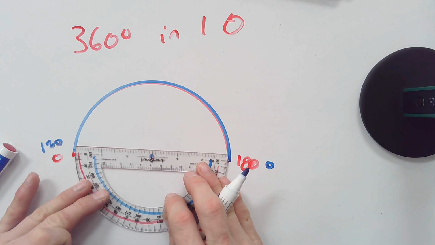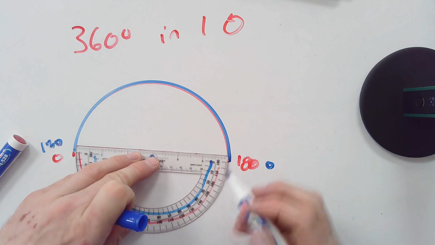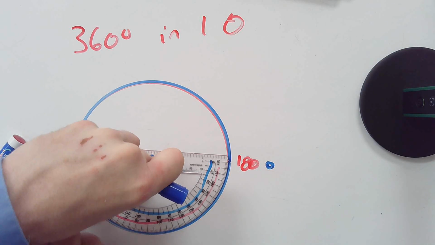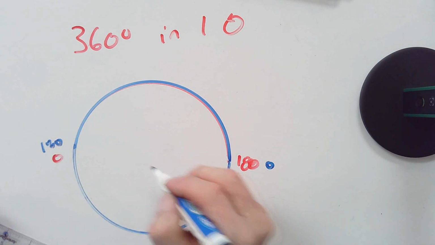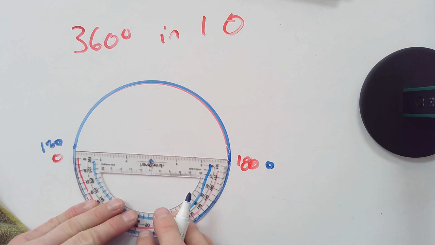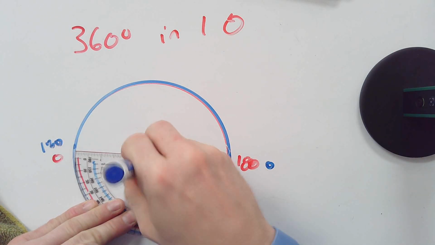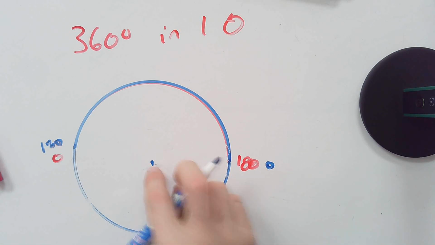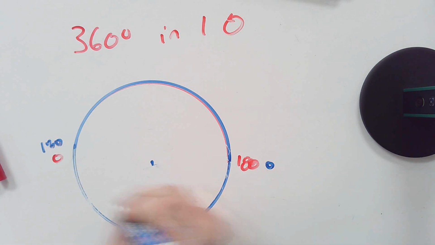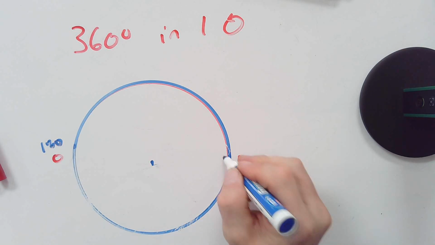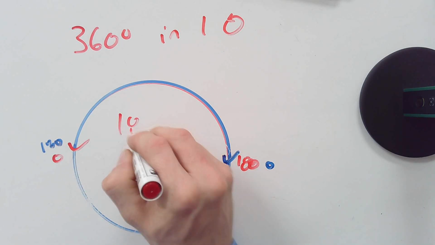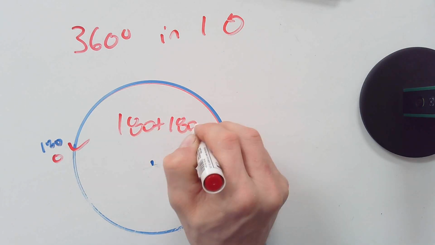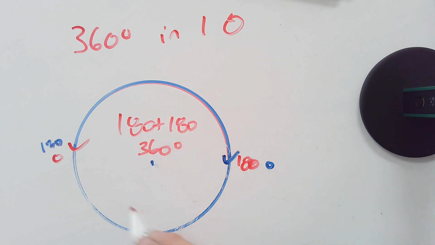So that's one half of a circle. If I go 180 degrees this way, there's another 180 degrees around the center point of the circle. 180 plus 180 is 360 degrees.